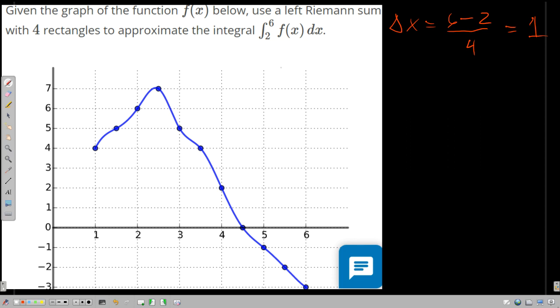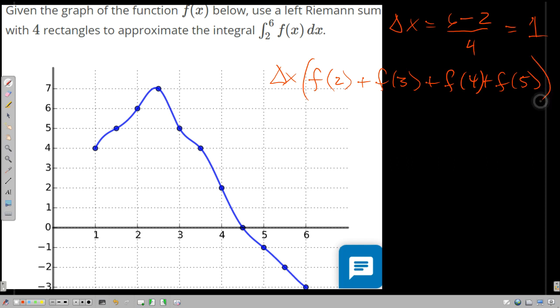So it's going to be delta x times the sum of f of, and it's a left Riemann sum, so I can start right at 2, but I won't go to 6, it'll only go to 5. f of 2 plus f of 3 plus f of 4 plus f of 5. And that makes 4 rectangles.